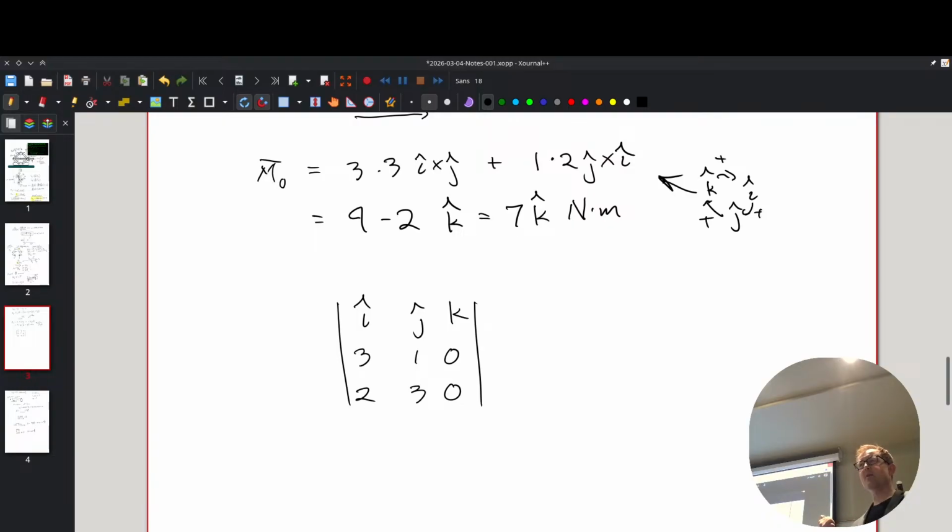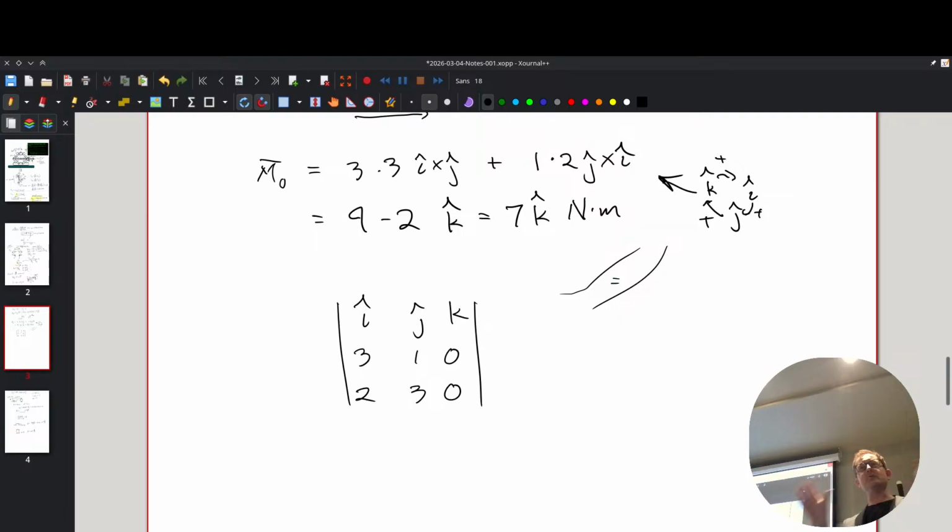I've seen this one a lot, a lot of people use this table or this determinant to figure out the cross product. That one works. They're equivalent, writing out the components and doing unit vector cross products versus writing out the whole determinant.